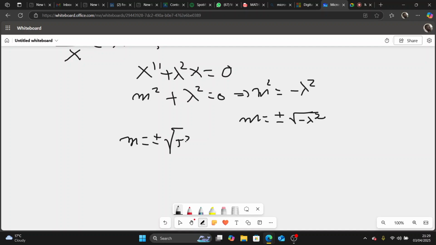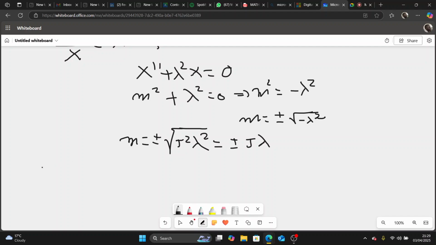You have j squared lambda squared because you cannot have a negative root. This is the third case where you have a conjugate expression. So in this case, the answer will be plus or minus, and this will come out of the root. You will be having j lambda.